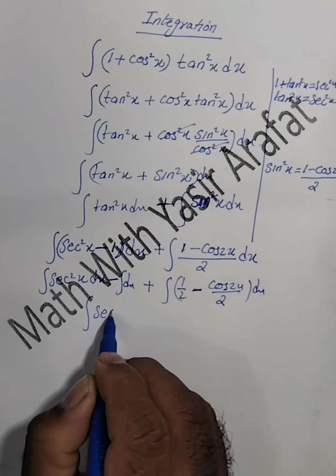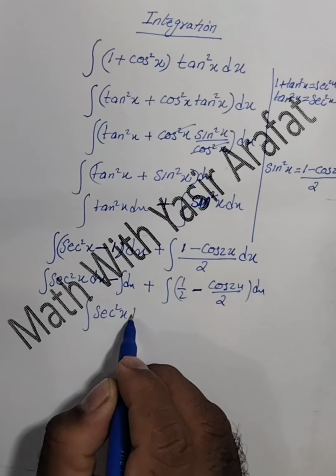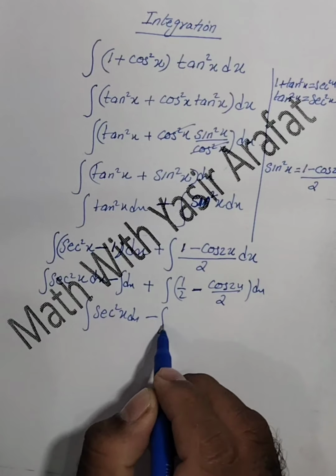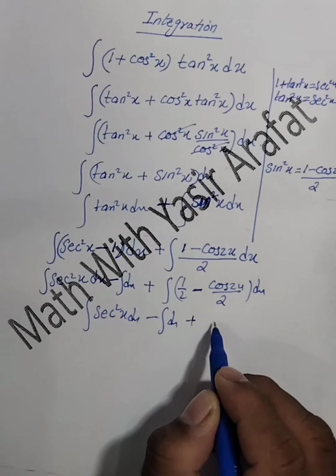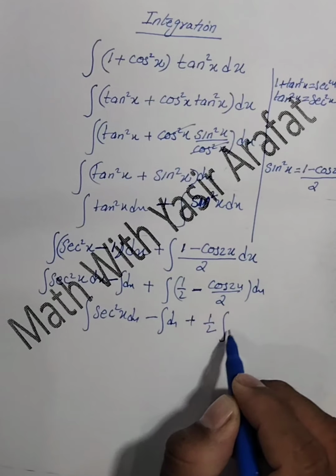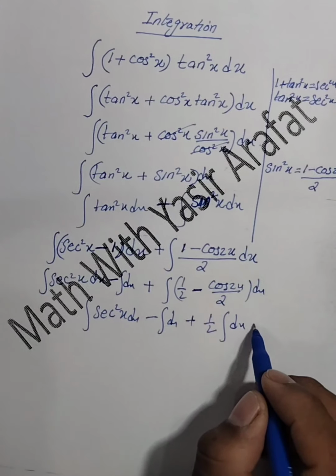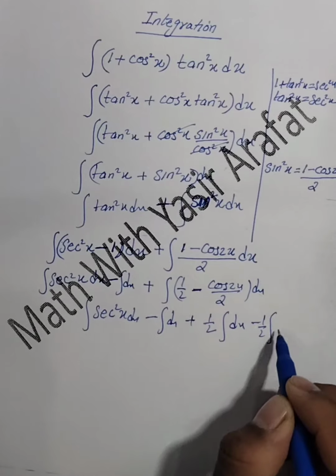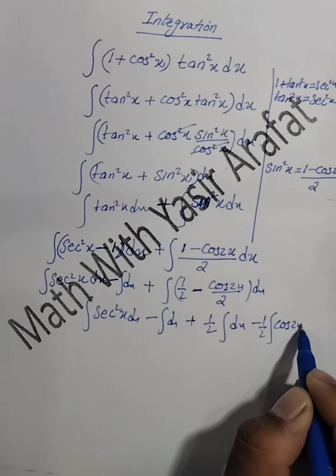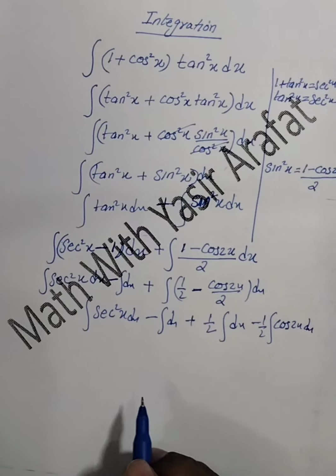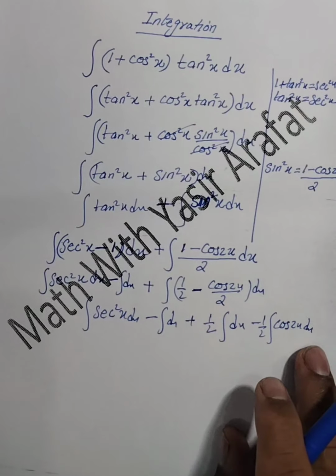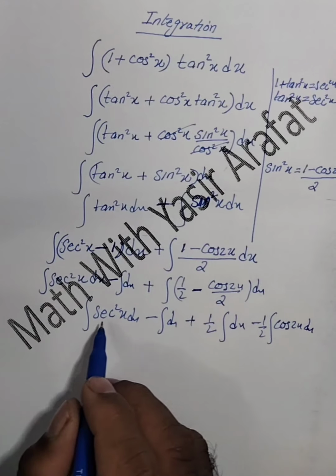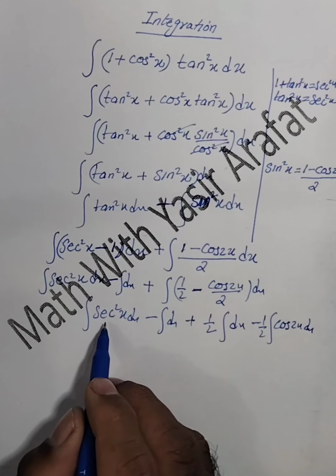So this is sec²x dx minus dx plus 1 upon 2 of dx minus 1 upon 2 of cos 2x dx. This way we have to separate it. Now we can easily find their integration.